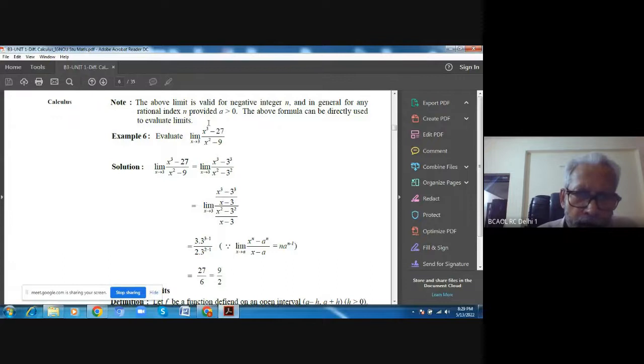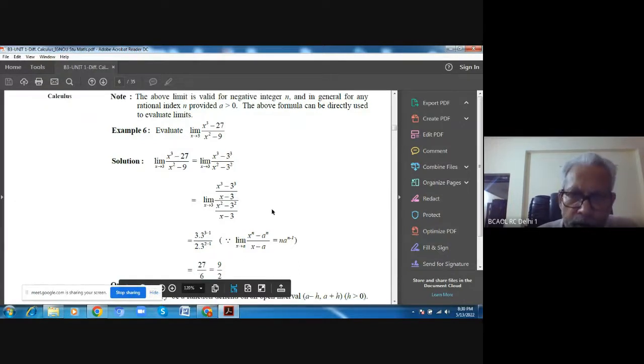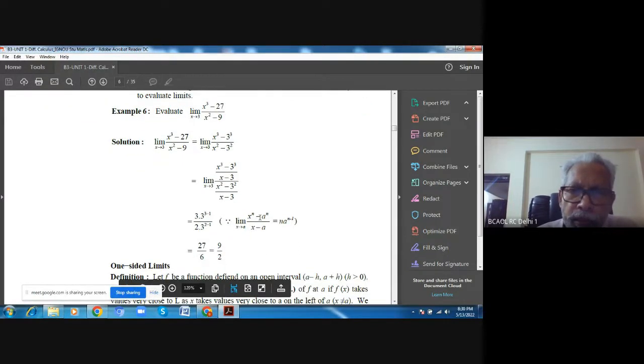This type of question normally comes here. If you see, divide by -3 and -3 is the common factor, and then finally in this case 9/2 is coming. Put the value.